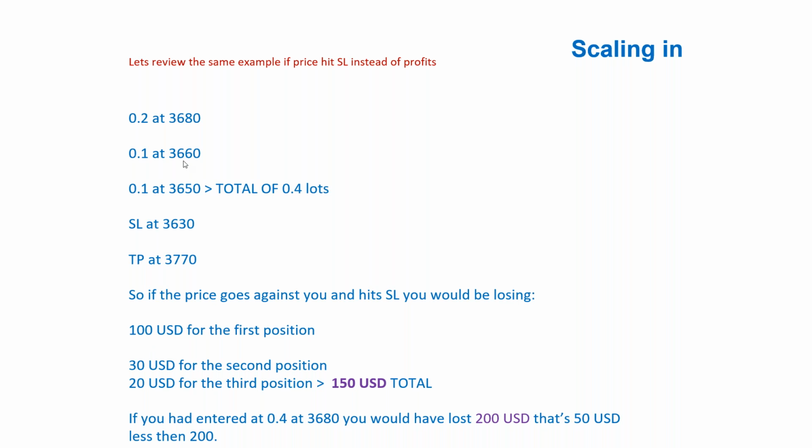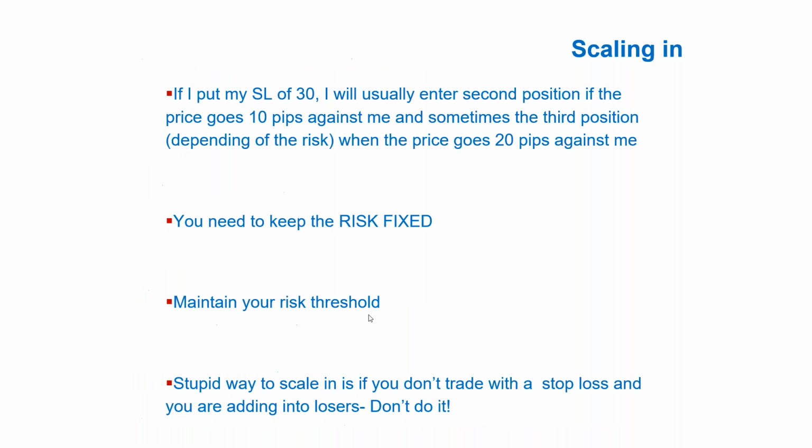But just for the sake of presentation, we are using these statistics. $100 for the first position, $30 for the second, $20 for the third, and $150 total. But if you had entered at 0.4, you would have lost $200. That's $50 more than with the scaling in technique, and that is the reason why losses are exponentially lower if you use the scaling in technique.